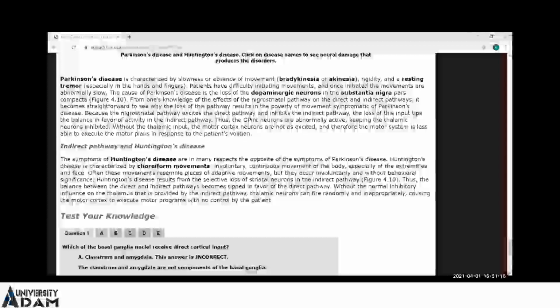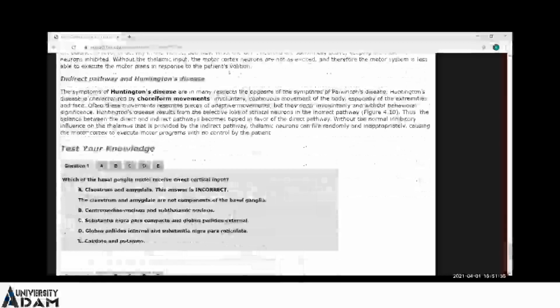Thus, the balance between the direct and indirect pathway becomes tipped in favor of the direct pathway. Without the normal inhibitory influence on the thalamus that is provided by the indirect pathway, thalamic neurons can fire randomly and inappropriately, causing the motor cortex to execute motor programs with no control by the patient.